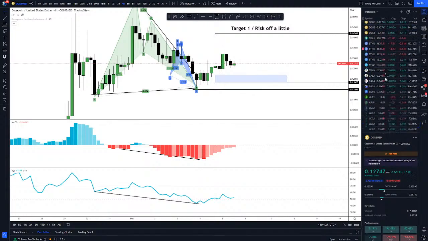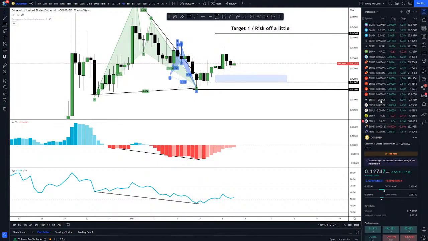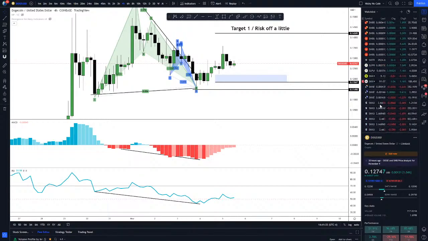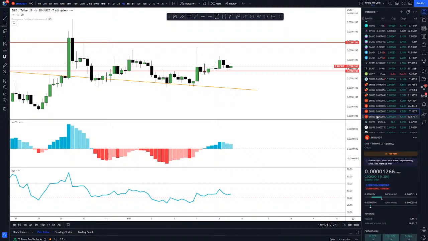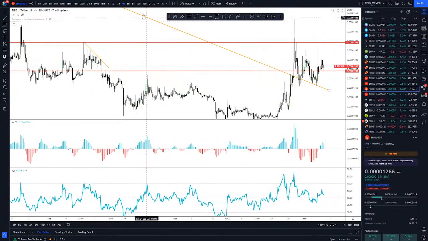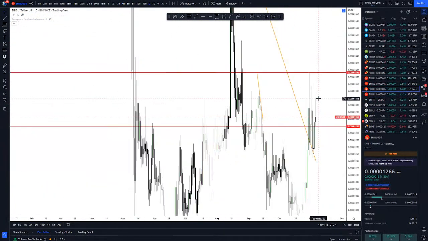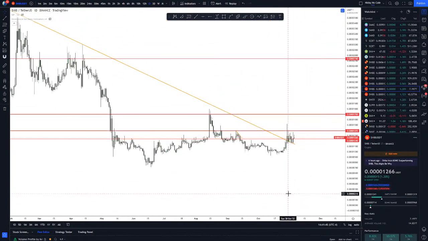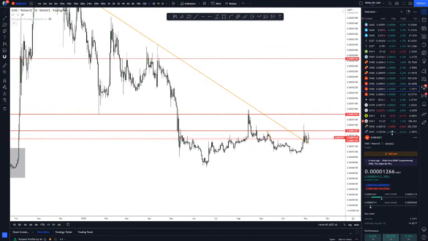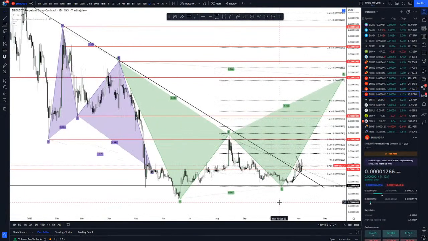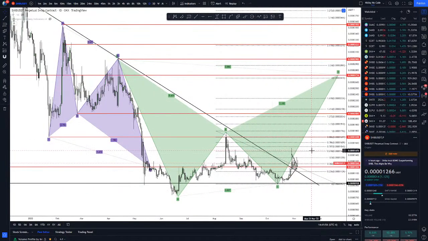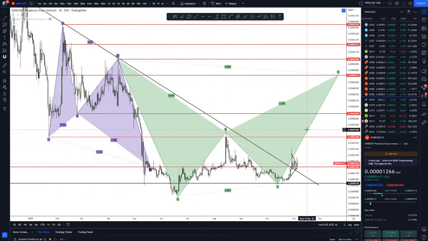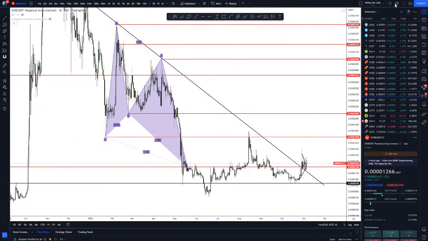Let's look at SHIB. Dude, SHIB's gonna pop off too. I mean, it's just a matter of time, I think. Because when you look at SHIB, for one, there's a massive harmonic on it.